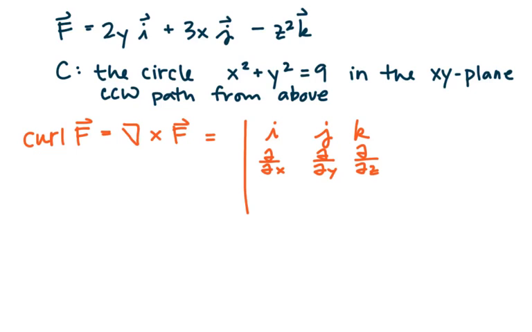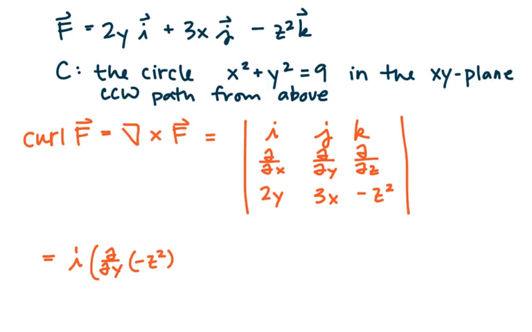And then each of the components from F, we've got 2y, 3x, and negative z squared. So this is going to equal i times partial with respect to y of negative z squared minus partial with respect to z of 3x.